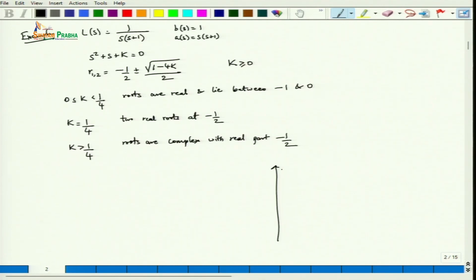So what we do is we draw the S plane, real and imaginary axis. Now we start, so let us draw the two poles of this L of s.